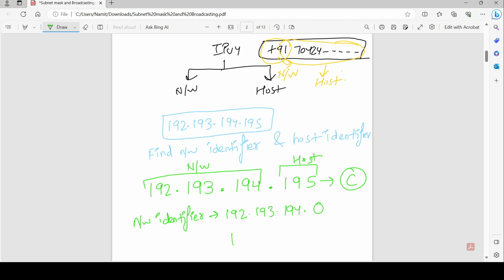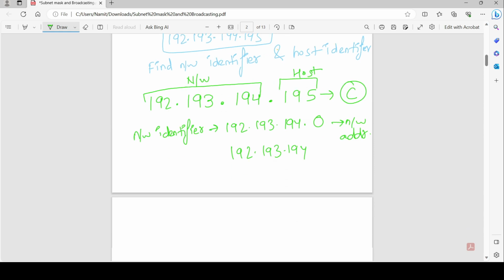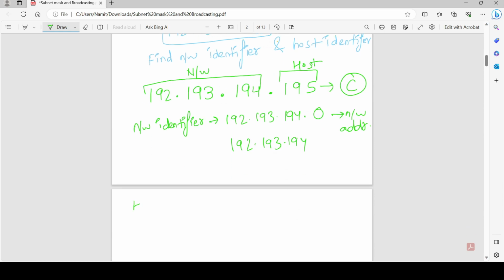Or the answer can be 192.193.194. That's it. That is the network address, that is the network identifier. But if someone asks, what is your host identifier? It is 195.